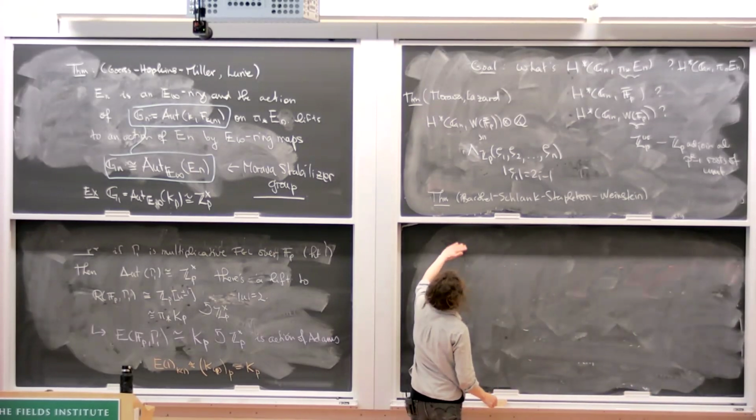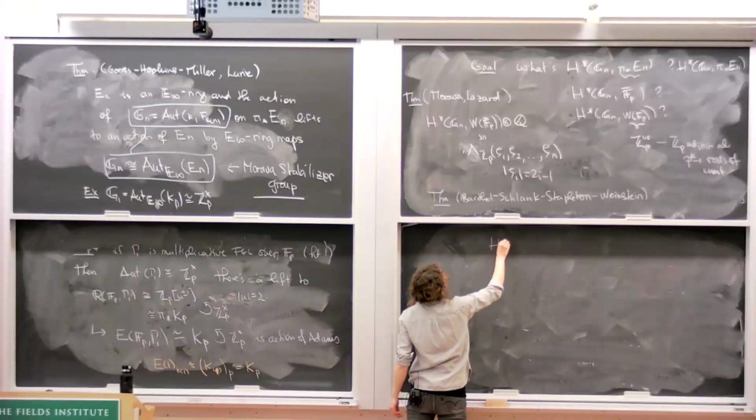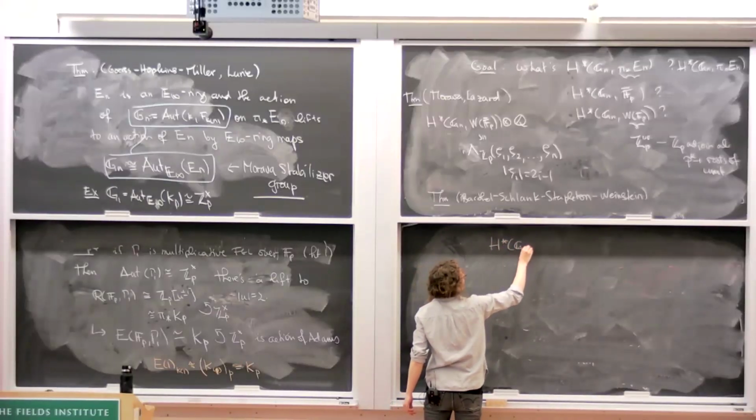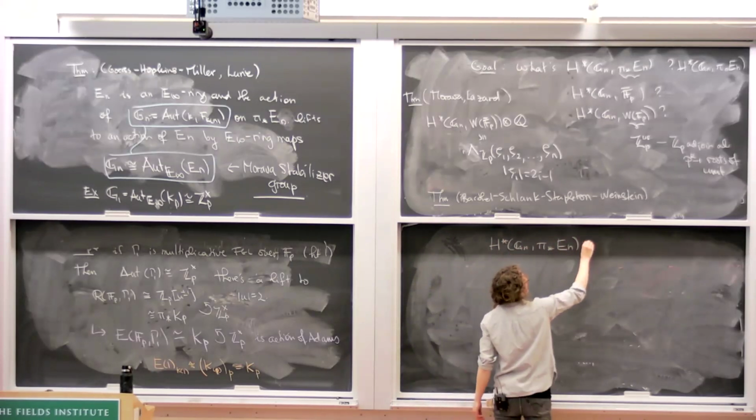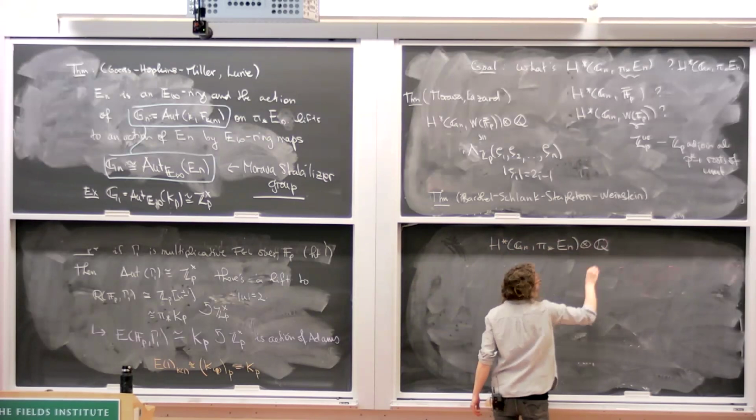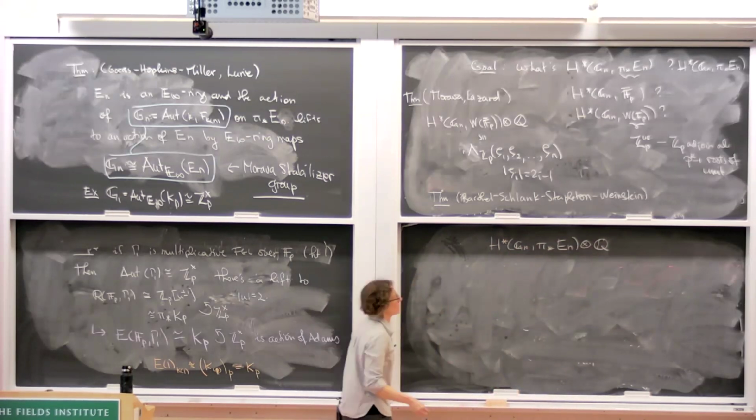I take the cohomology of G_n with pi star of E_n, and I tensor with the rational.